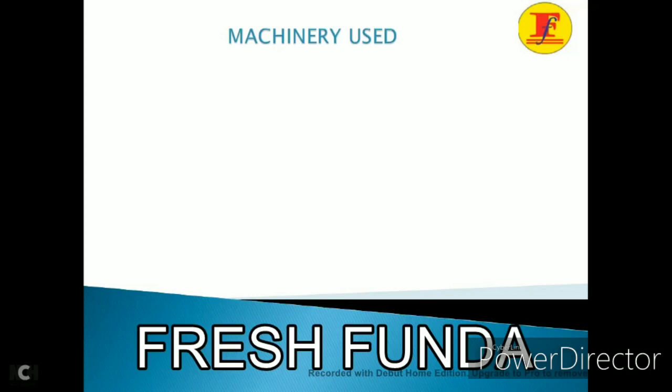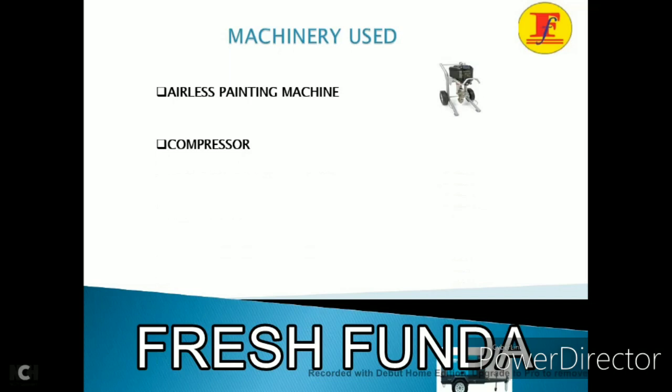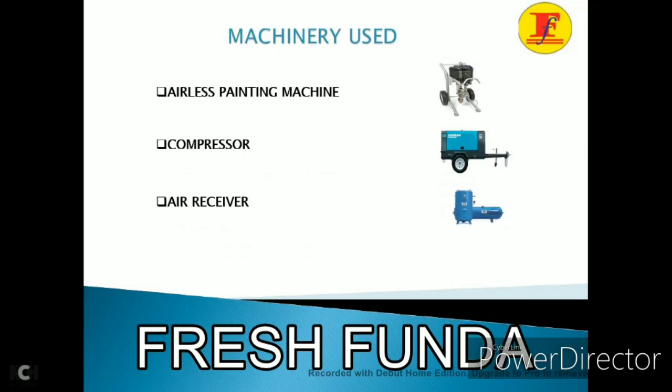Now, what machinery do we have to use? The machinery list is the airless painting machine. This is the airless painting machine. A compressor is needed for the air pressure. The air receiver is for accumulating the air.